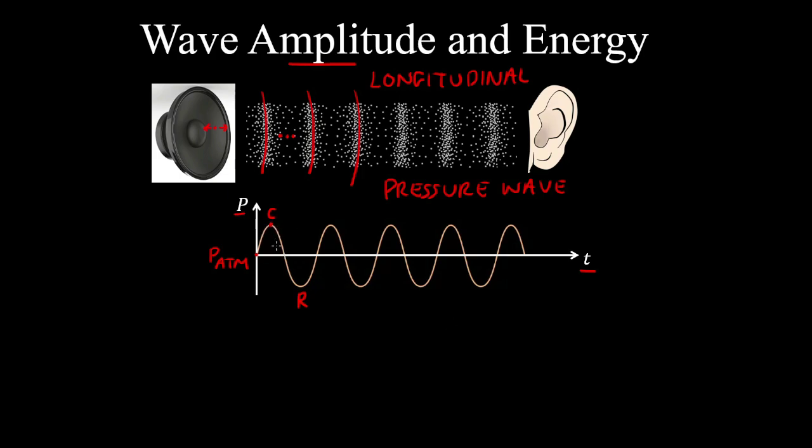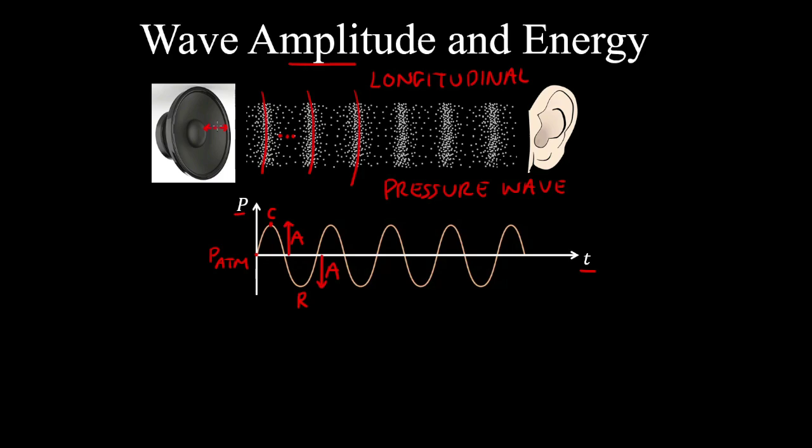So in this case, we see the pressure wave is periodic, and the amplitude of the oscillation is measured from equilibrium to the maximum pressure or the minimum pressure.